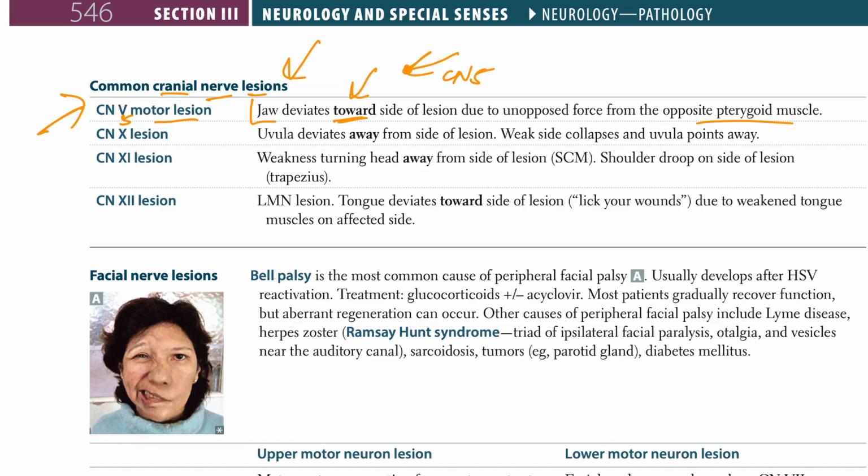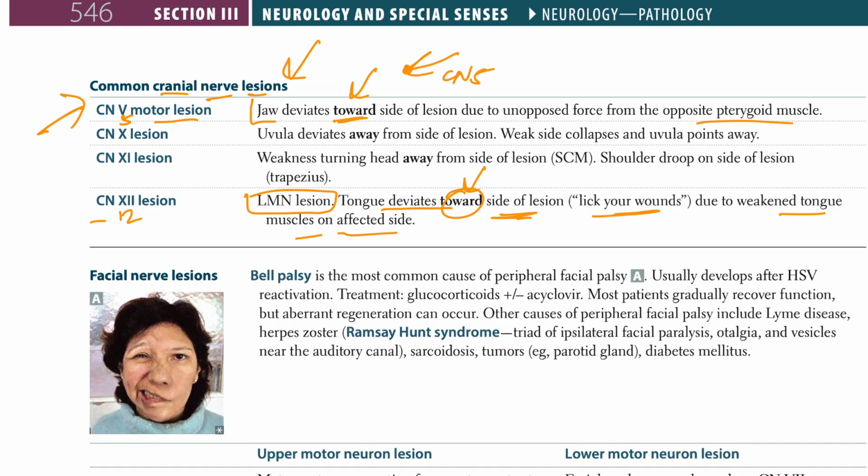Let's take a look at the other one, that's cranial nerve 12 lesion. It's a lower motor neuron lesion. The tongue would deviate towards the side of the lesion. Lick your wounds, due to the weak tongue muscles on the affected side. So cranial nerve 12 lesion, again, is going to be towards the lesion.